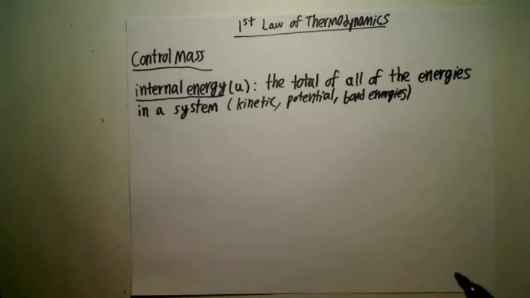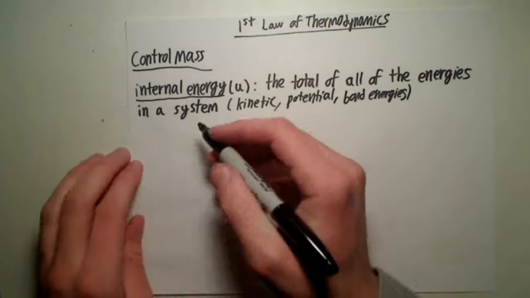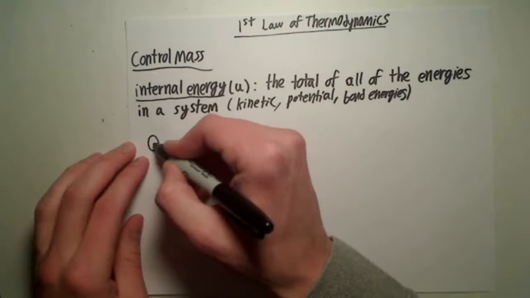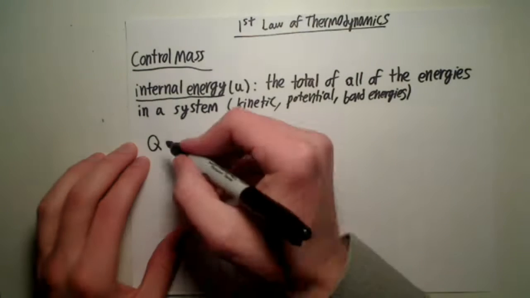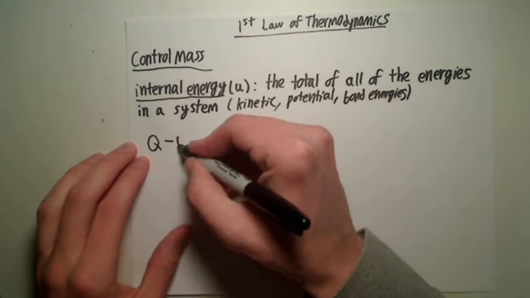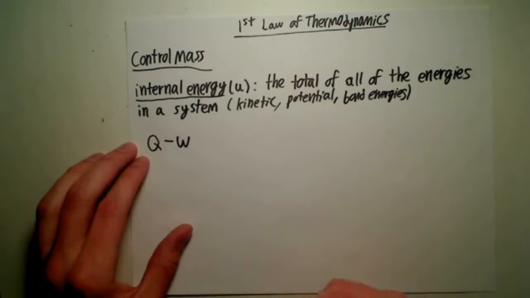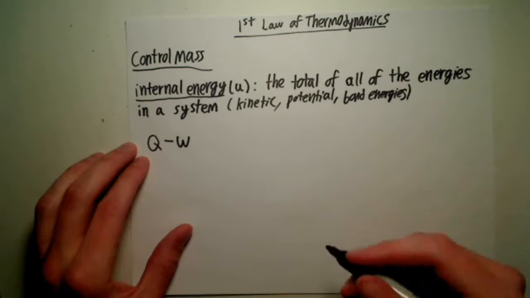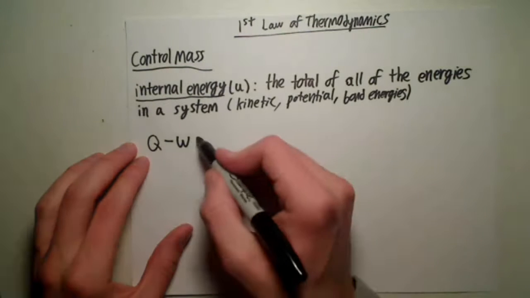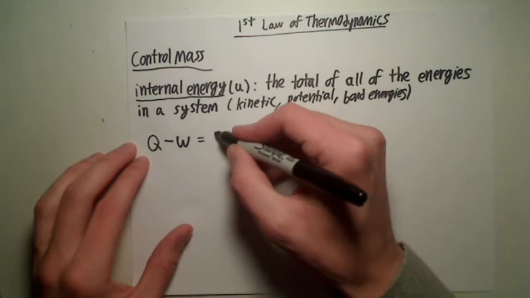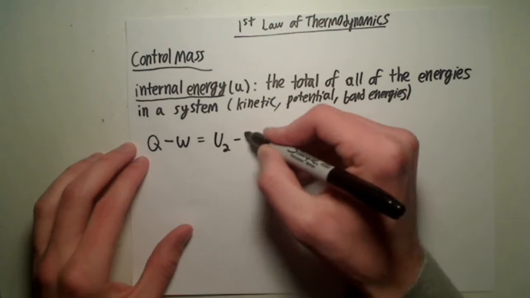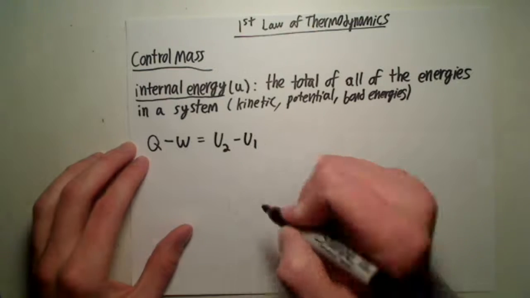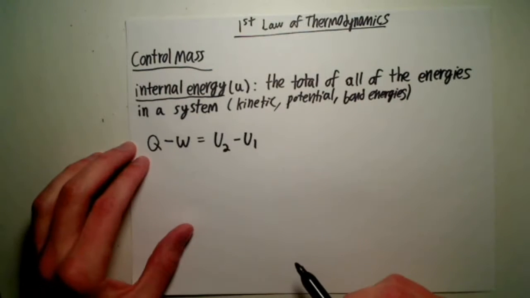To put this in an equation, we have the heat transfer, that is heat going into or out of a system, minus the work that system does or is done on it, and equals the difference between the internal energy of state 2 minus the internal energy of state 1.